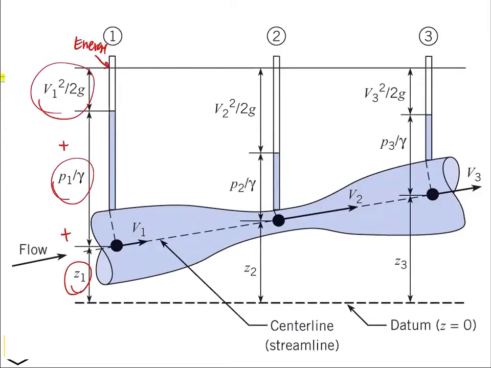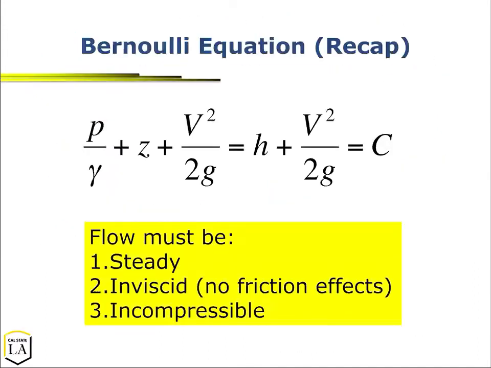And what this line is showing you is that that energy is conserved, it is constant as you're moving across the system. So energy at 1 is equal to energy at 2, which is equal to the energy at 3. Okay, so that is what the Bernoulli equation is telling us.